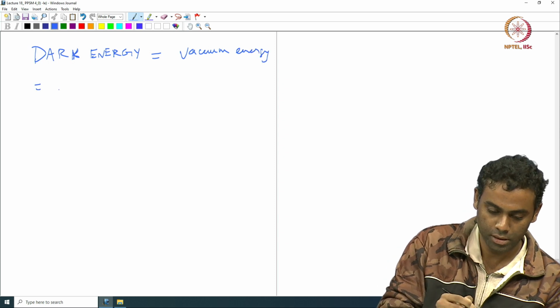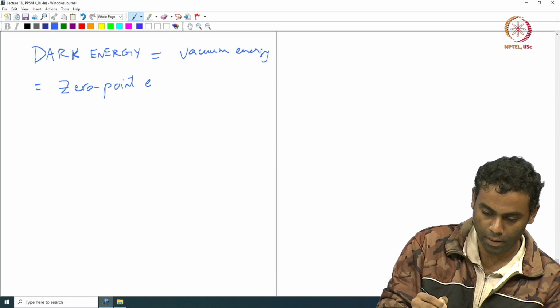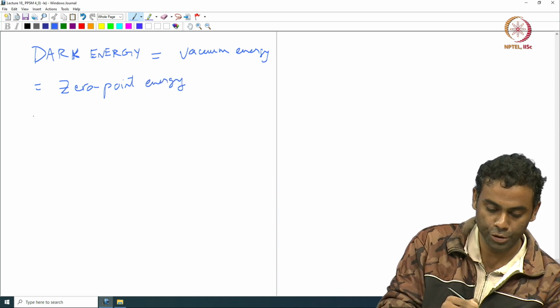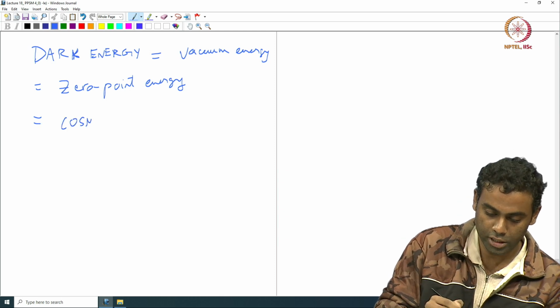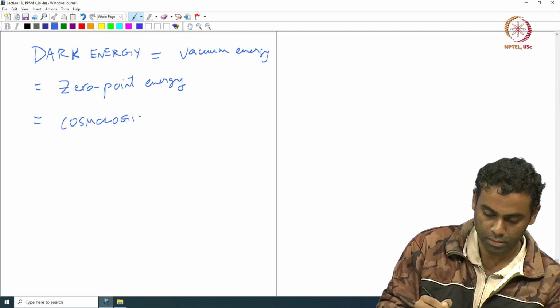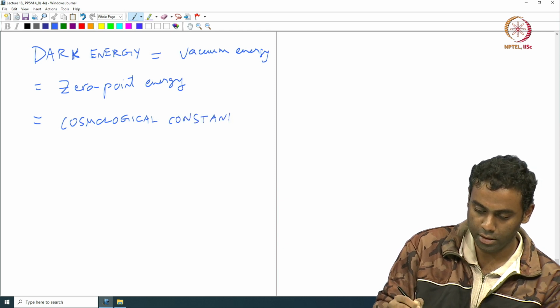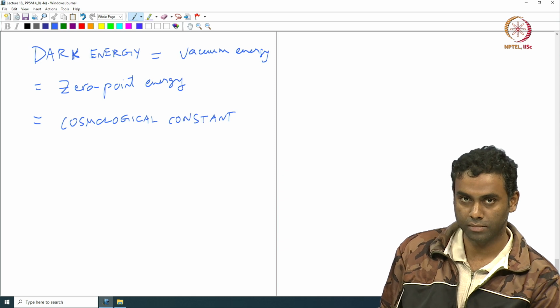in turn the zero point energy, and sometimes we also use the word cosmological constant. You must have heard this word before, right? In the context of GR.